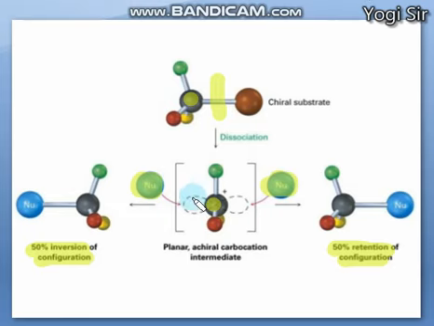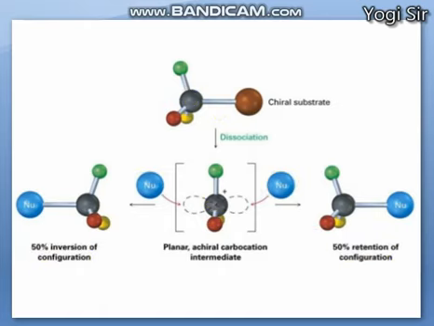So 50% inversion may take place, meaning the product is inverted as compared to the original one, and 50% product is retention of configuration, meaning the isomer existing before is the same at the end of the reaction, both are identical, right? Only the functional group is displaced by our nucleophile, right? So 50-50 possibilities take place in this SN1 mechanism, right?